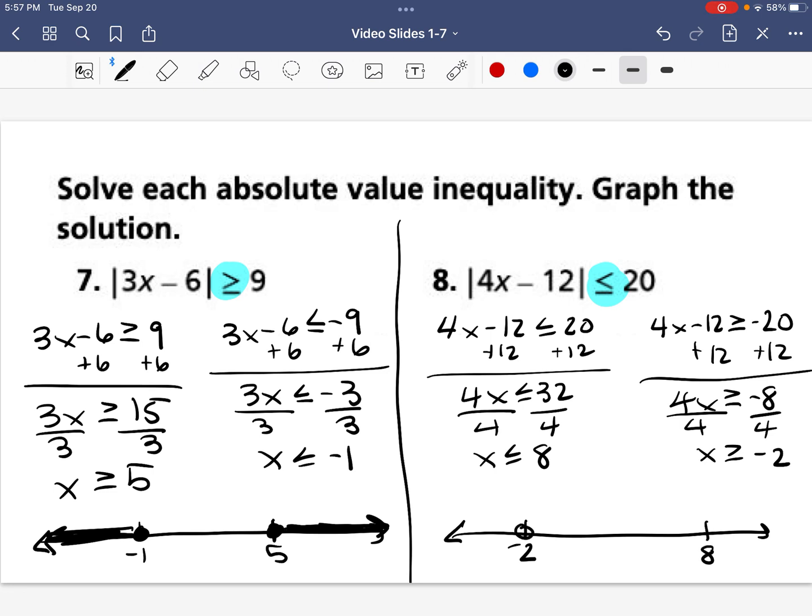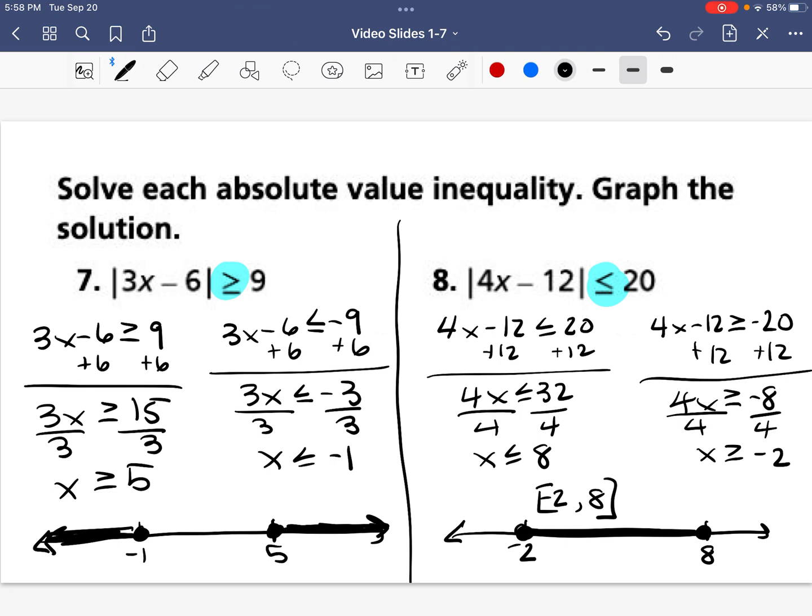This is a filled in circle because of the greater than or equal to. So all the answers here have to be greater than negative 2, and they have to be less than 8. So my set of all solutions would be from negative 2 to 8. If I were writing that in an interval, I'd say go from negative 2 to positive 8, and I'm using brackets because it's inclusive.